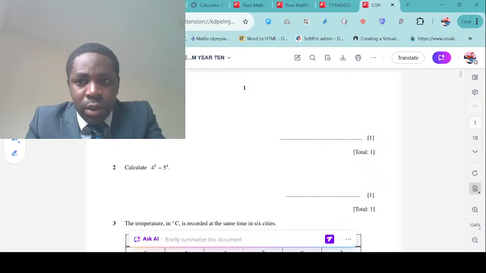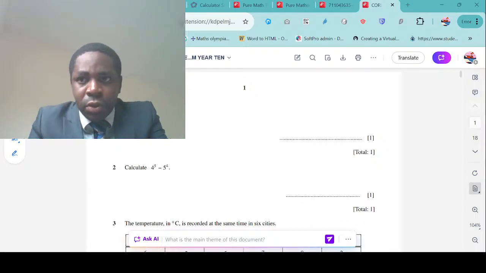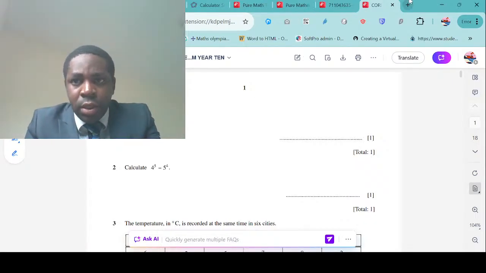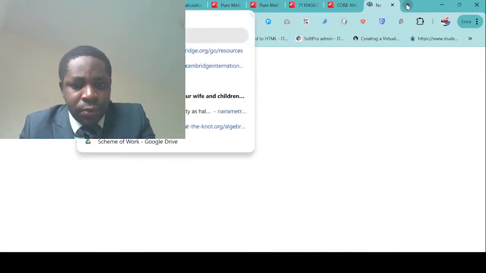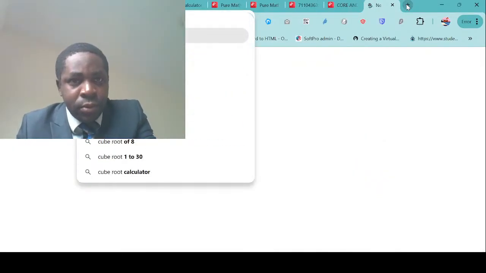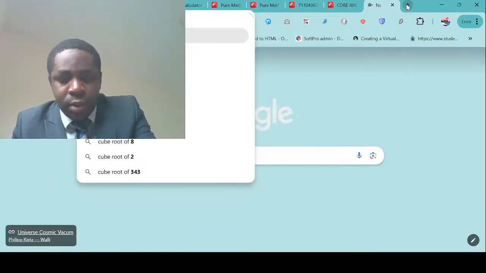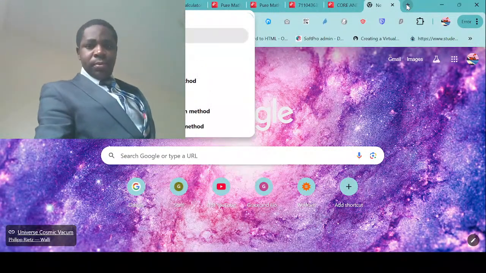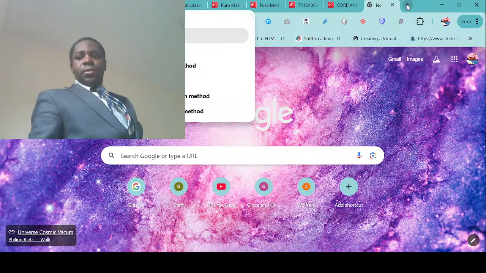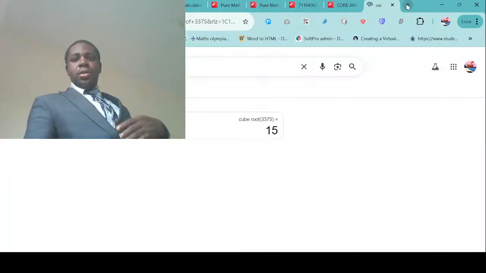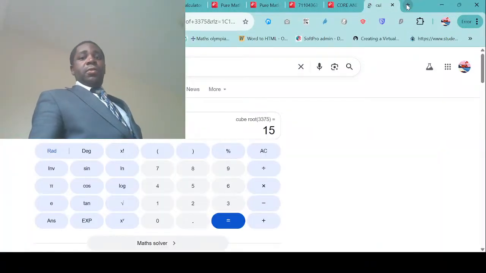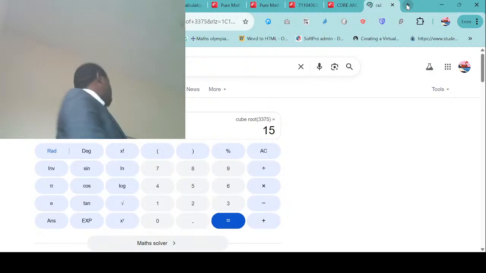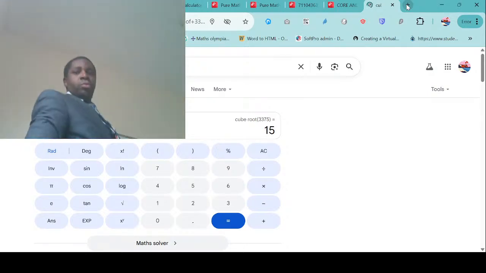I don't want square root, I want cube root. So let me just say cube root of 3375. Enter. So I got 15. Was that your answer? So that's it.